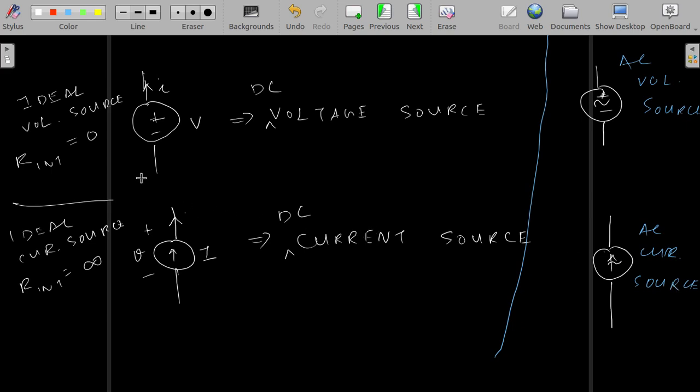Later we mentioned that for an ideal voltage source, the internal resistance will be 0, and for an ideal current source, the internal resistance will be infinite.